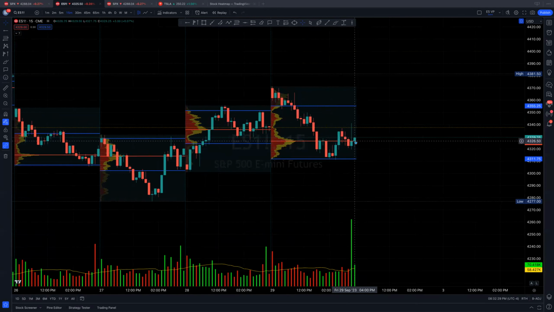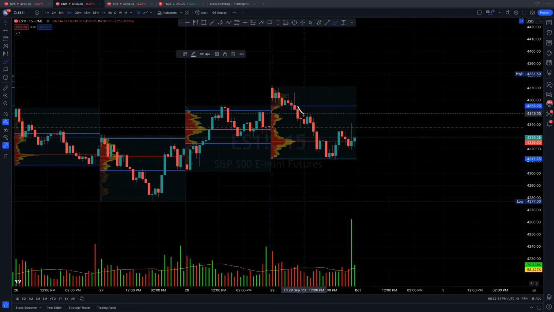If price is here and point of control is here as well, I'm not going to take a trade solely based off of point of control, because we're still developing in the session. As traders, we should know that value changes as the session passes. So I can't just take a trade thinking, price is coming down to point of control, I'm going to take calls here for a bounce.